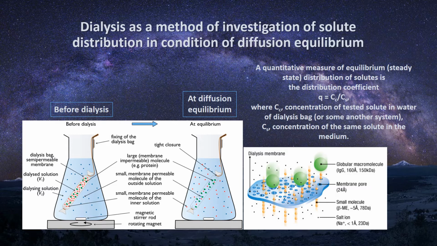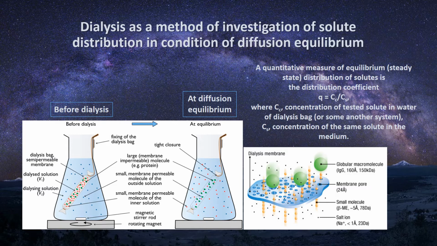After that, diffusion fluxes begin in the dialysis system. After some time, the diffusion fluxes reach the end and the diffusion equilibrium is established. Now, if we calculate the ratio of a solute concentration in the bag water to its concentration in the basin solution, we get a distribution coefficient of a solute between bag and medium. This distribution coefficient is an indicator for us, showing whether the dialysis system is single-phase or two-phase.